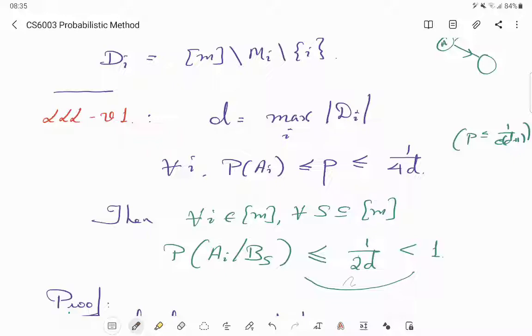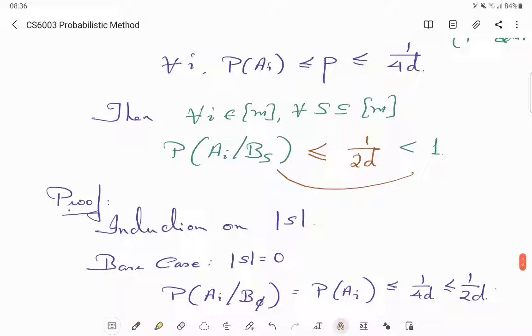But for the sake of proof, we introduce this bound in between because we are going to do a proof by induction. In fact, we are going to show that it is quite small, at most 1 by 2d. We only wanted it to be strictly less than 1, but we will get this to be at most 1 by 2d. And our proof is going to be via an induction on the size of this set S.